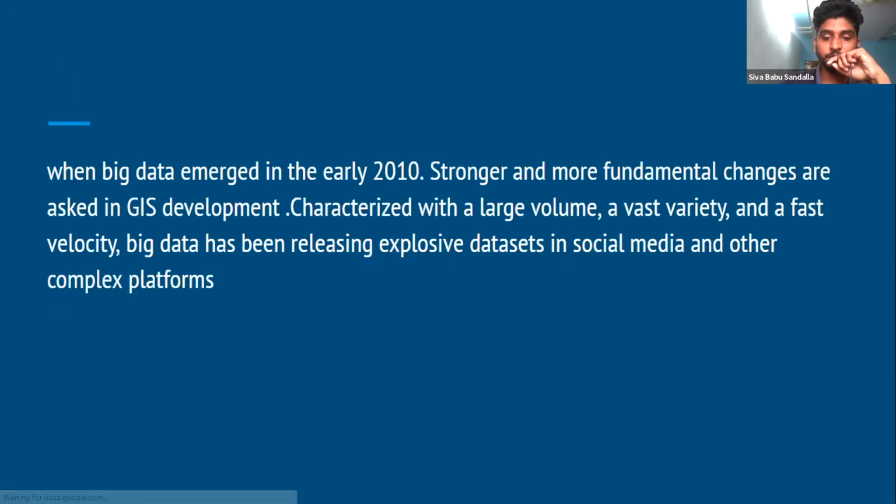So when big data emerged in the early 2010s, stronger and more fundamental changes were asked for in GIS development, as it is characterized by large volume, a vast variety, and a fast velocity. Big data has released explosive datasets in social media and other complex platforms.